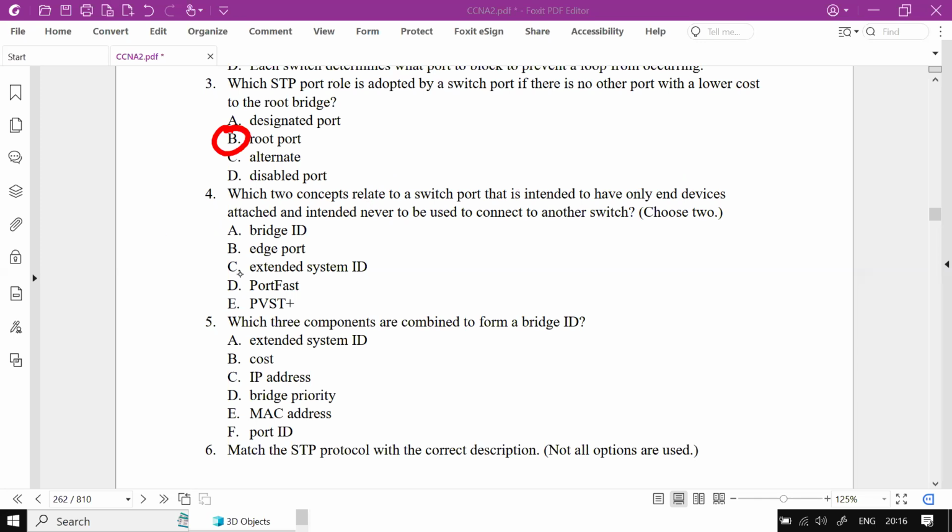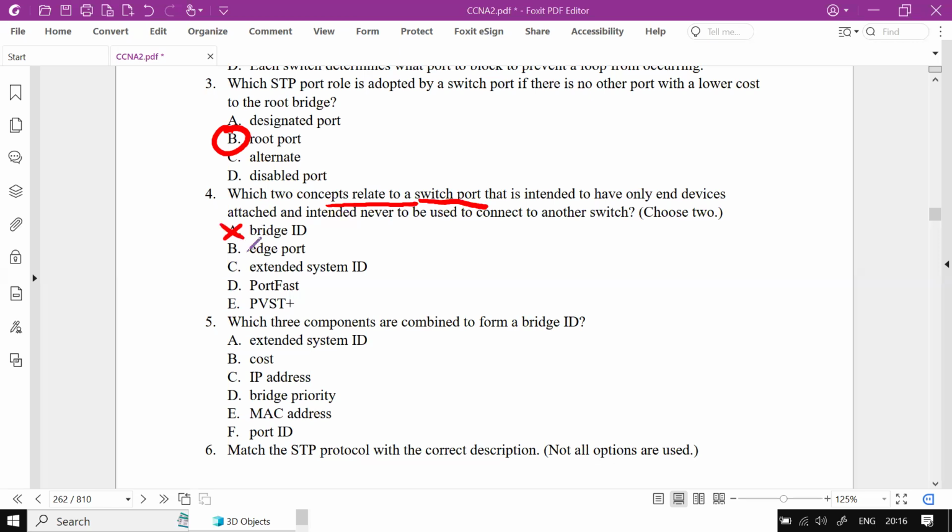On this question, we can use a technique of eliminating answers. What we are trying to find here are concepts that relate to a switch port.